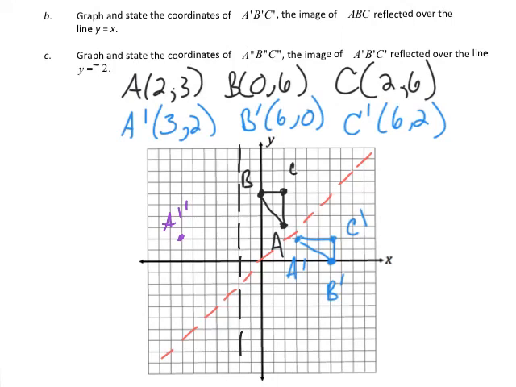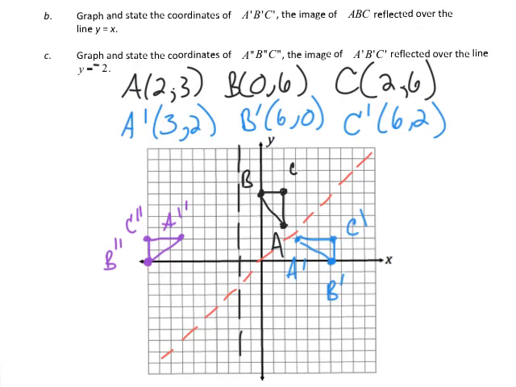So I count over again, 8, which puts B double prime way over here. And then C double prime ends up being right there. So again, this is a mirror image over the line y equals -2. If you fold over this line, the primes and the double primes should line up.